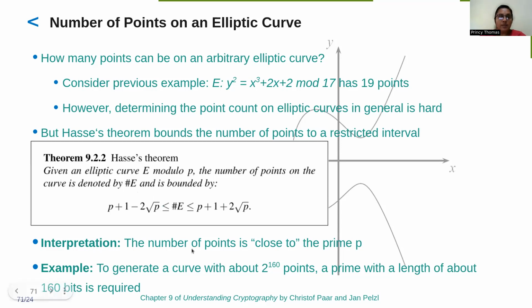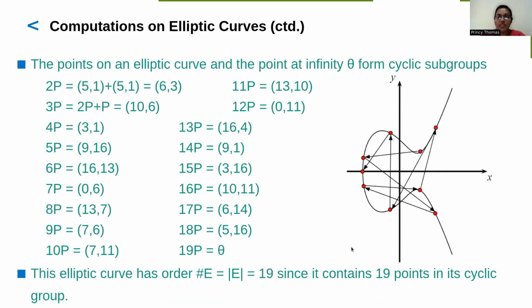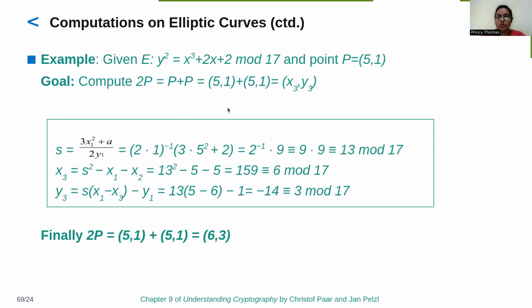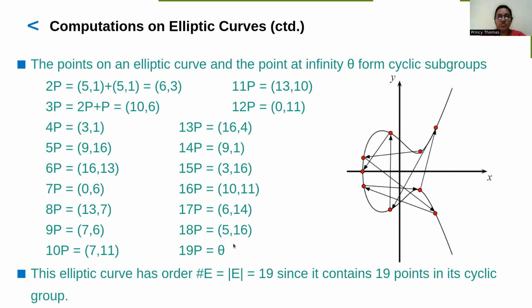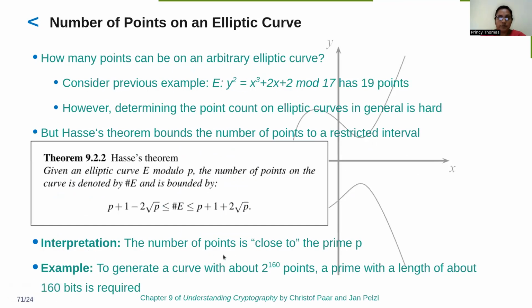That is why we interpret that the number of points is very close to the prime p. We can see here that where our p value was 17, the number of points was 19, which is very close to 17.